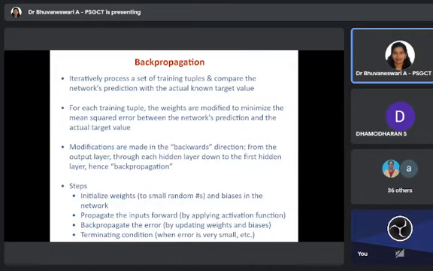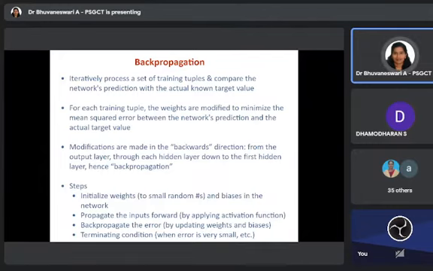Okay, so modifications are made in the backward direction. That is, the output will be taken as the input to the next cycle, the next epoch. This is what we call backpropagation. This algorithm is used until the predicted value and the generated value are much closer, and the error loss is minimal or zero.